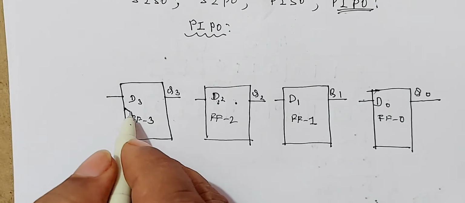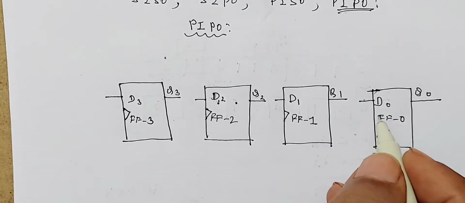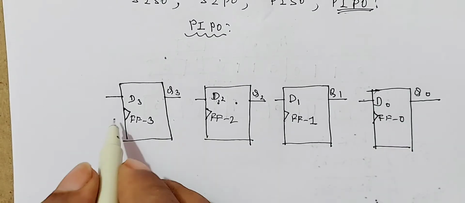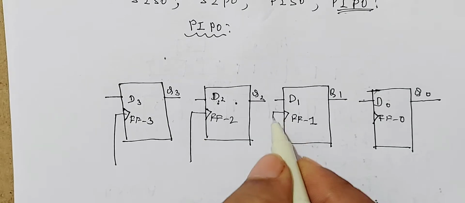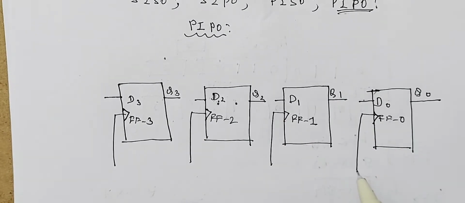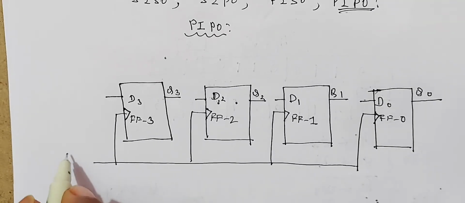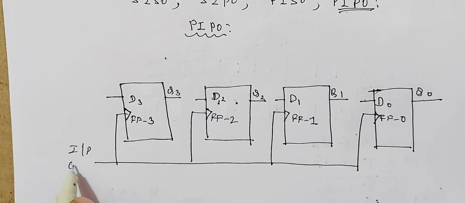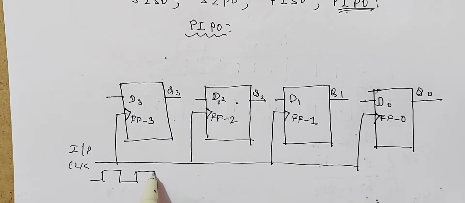Therefore, apply the clock pulse simultaneously to all the flip flops. Since you are applying the clock pulse simultaneously to all the flip flops, connect the clock pulses of all the D type flip flops to a single clock pulse. This is our input clock pulse, and I will represent the rising edge.